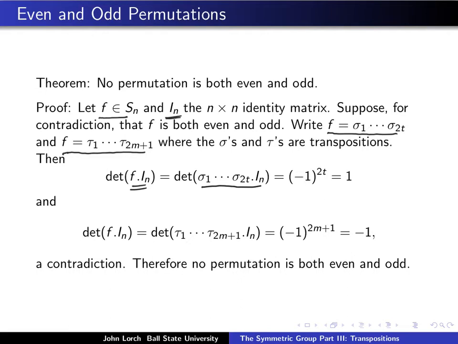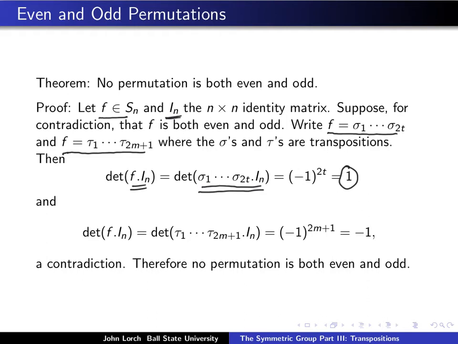So since the determinant of the identity matrix is 1, if I want the determinant of this new matrix, all I'm doing is changing sign 2t times, which means I'm taking -1 to the 2t power, which gives me 1.